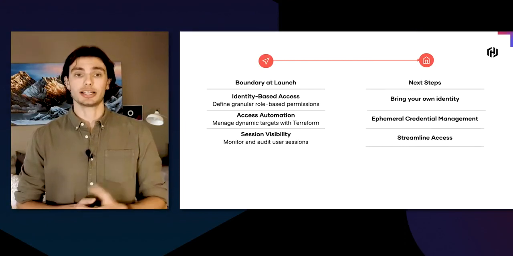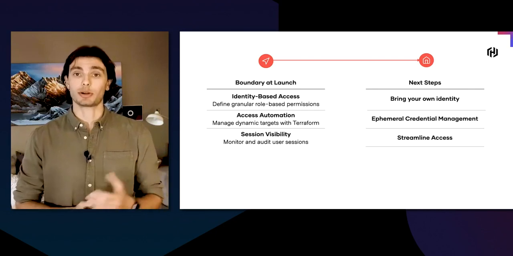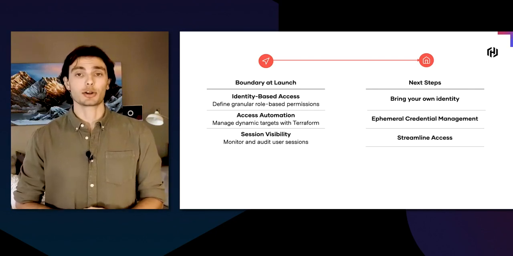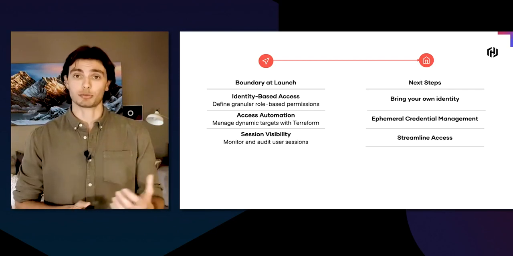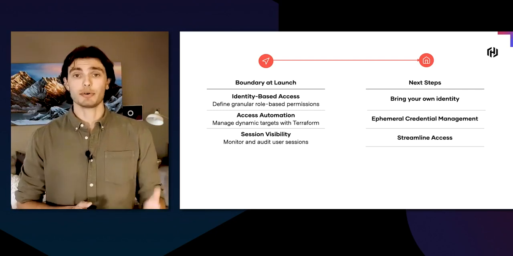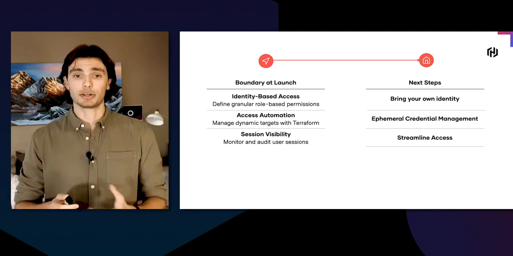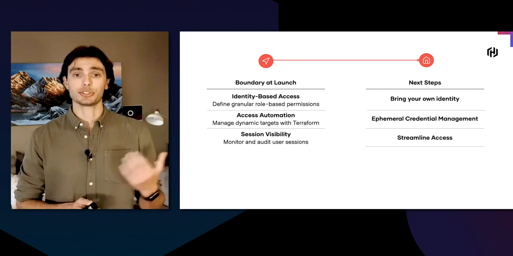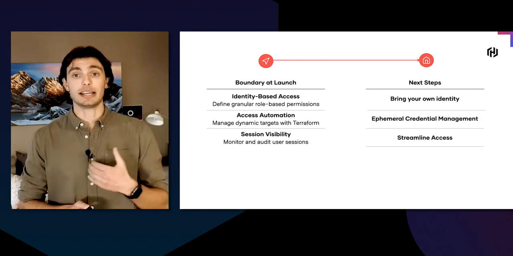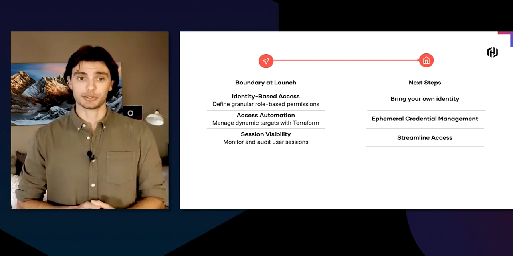But to close, I'd like to talk a little more about where Boundary goes from here. In our releases following launch, we'll be focused on building out the pillars of Boundary's ephemeral model of access. First, enabling users to integrate their organization's identity provider of choice with Boundary, so that Boundary's identity-based controls reflect the same identities that users have for their other applications.